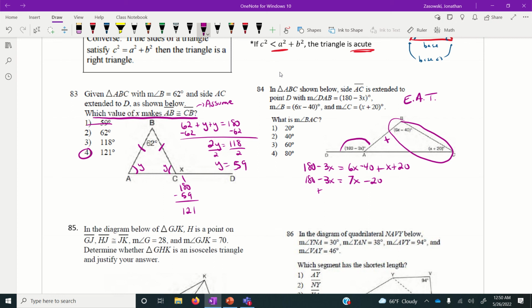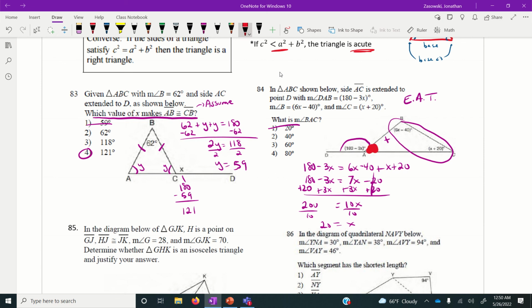We're going to move the 3x over to keep that positive. So that's going to give us 10x. And then we can move that 20 back to the other side, so we get the x's by itself. And we get 10x is equal to 200. So that means that 20 should be the value of x. Now, careful. It doesn't ask you what x is. And 20 is one of the answers, but it's not the correct answer. We want the measure of angle BAC.